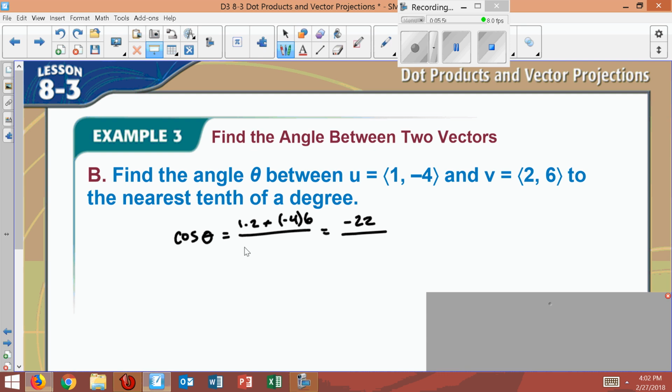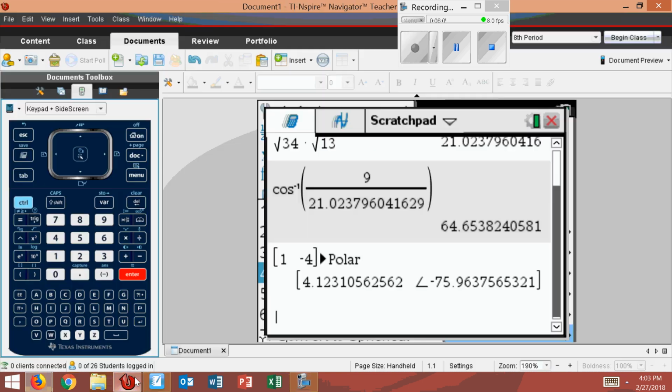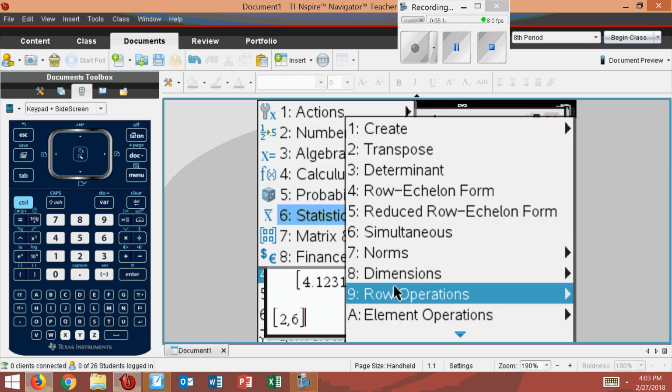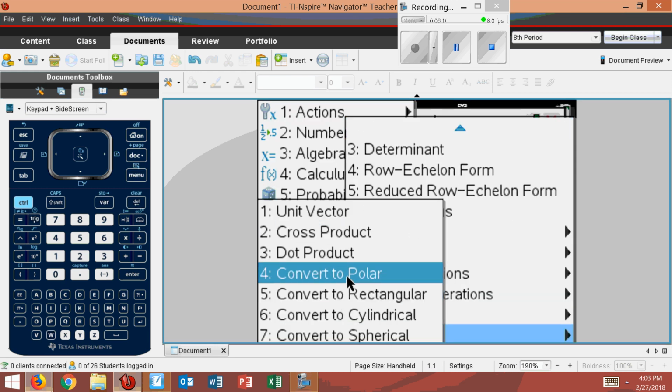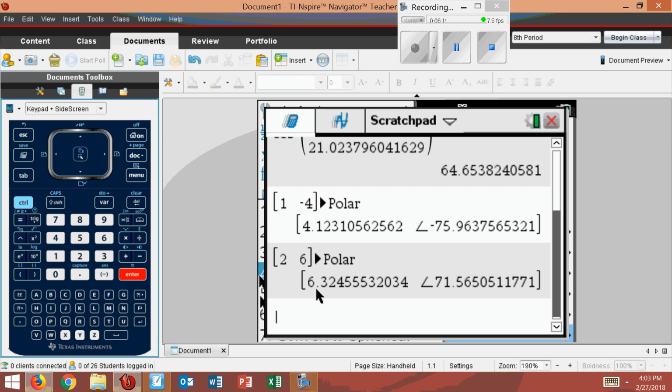So I have 4.123 here, and that's going to multiply times the h from this one. So I go to the calculator again, and this time I'll do 2, 6. I want to convert this to polar just to get my h. It's 6.324, and so I rounded to the thousandth here, so I'll do the same thing, 6.325.